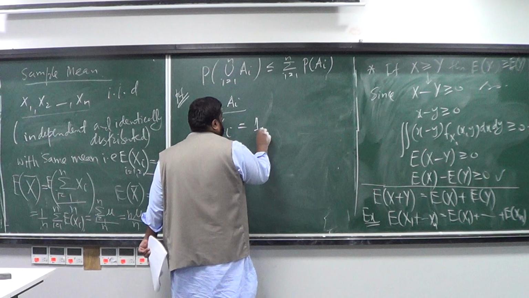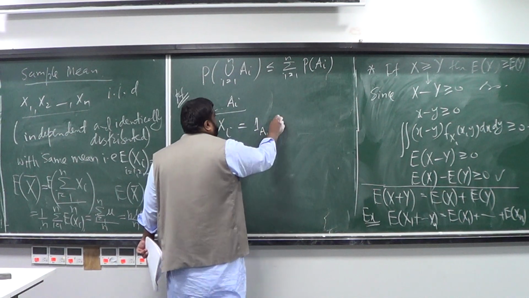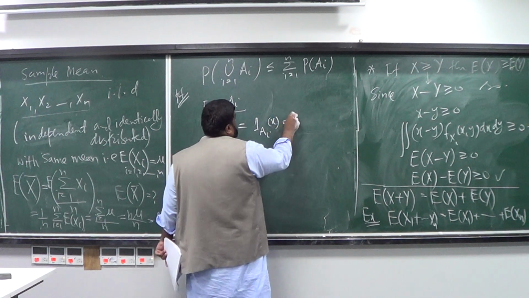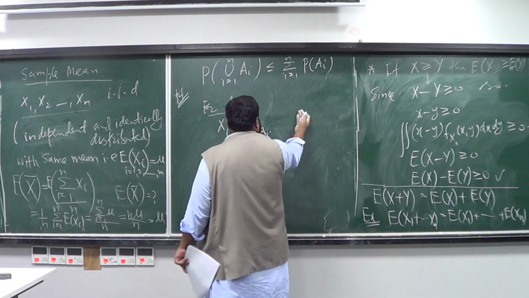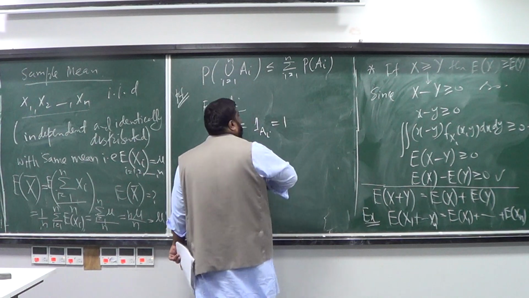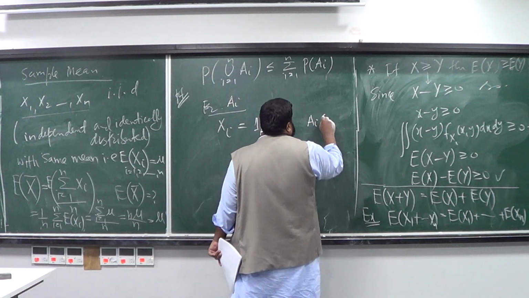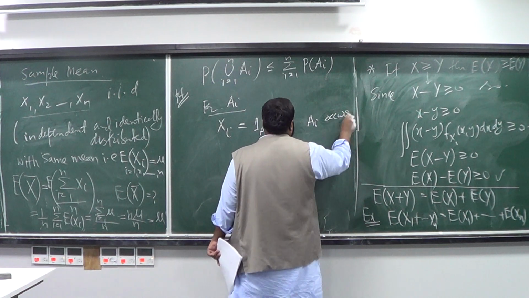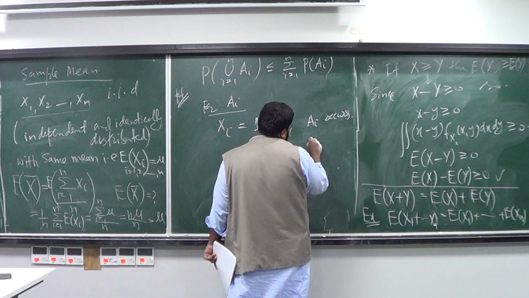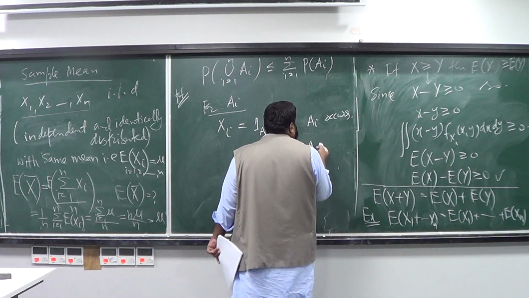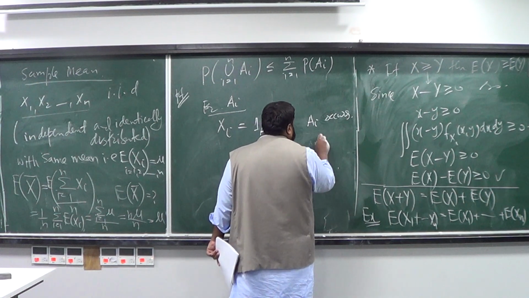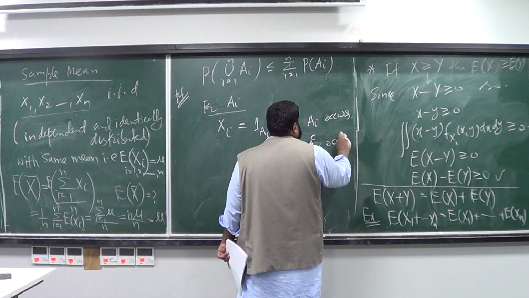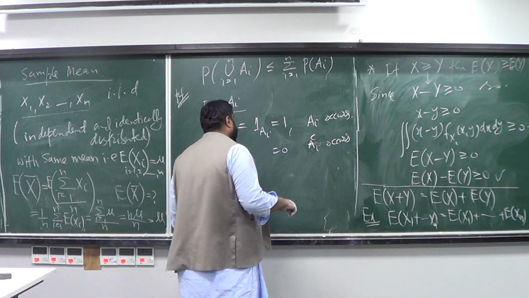The indicator function of A_i would be equal to 1 if A_i occurs, and it should be 0 otherwise, if A_i does not occur, or A_i complement occurs.